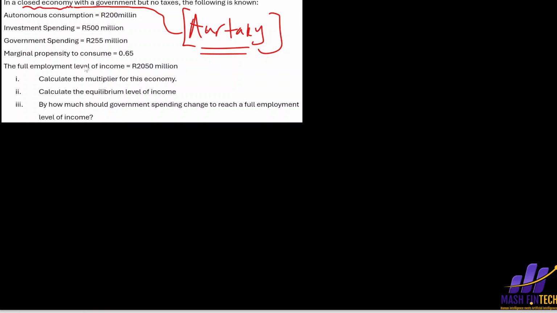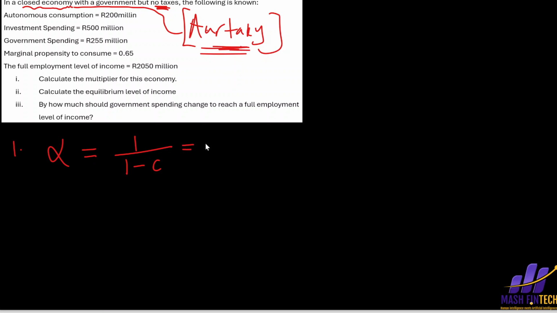You are given the following known for that economy. They want you to calculate the multiplier. We said the multiplier is 1 over 1 minus the marginal propensity to consume, because there are no taxes here, and the economy is in autarky, it's closed.